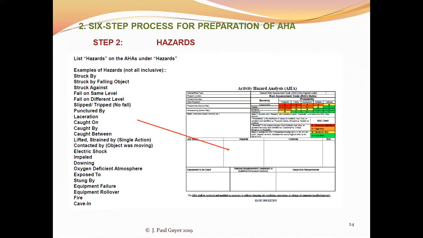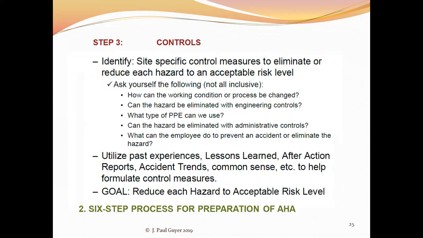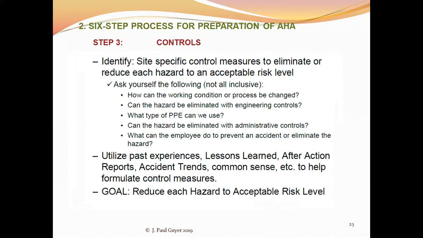And then step number 3 is the controls, entering site-specific control measures to eliminate or reduce each hazard to an acceptable risk level. Can the working condition or process be changed? Don't do this work in the rain, things like that. Can the hazard be eliminated with engineering controls?